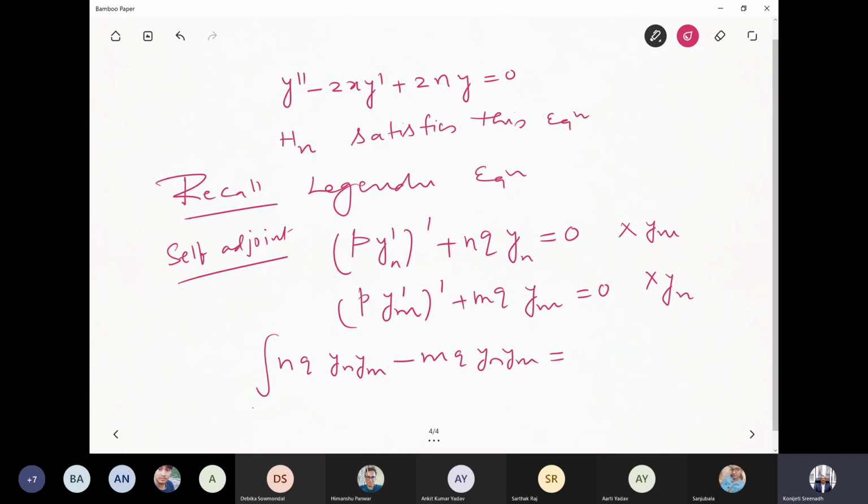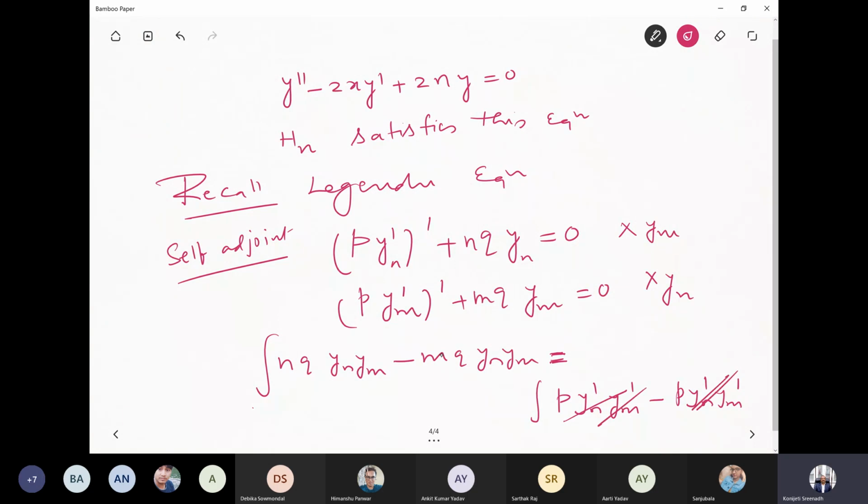For the Hermite equation, the solutions hold everywhere. Now the other side: you will have p yn prime ym prime minus p ym prime yn prime, so these two things also get cancelled.